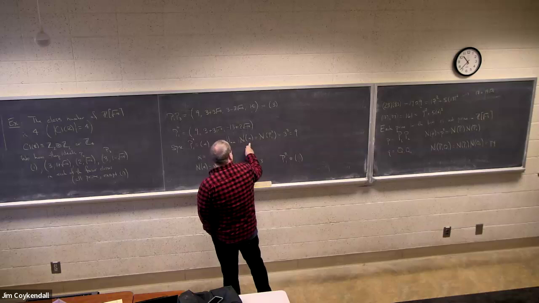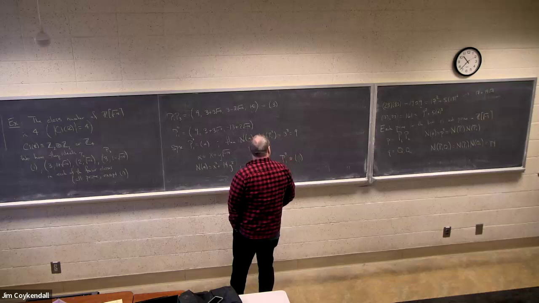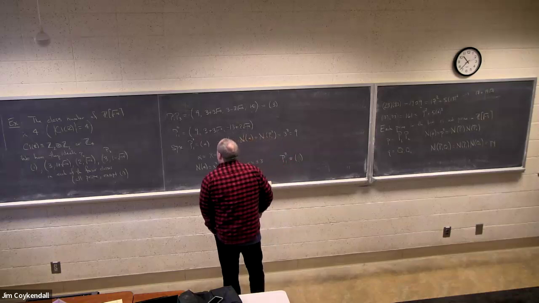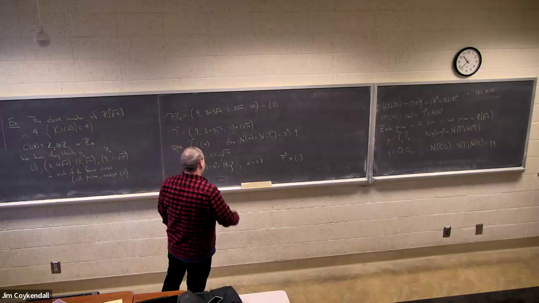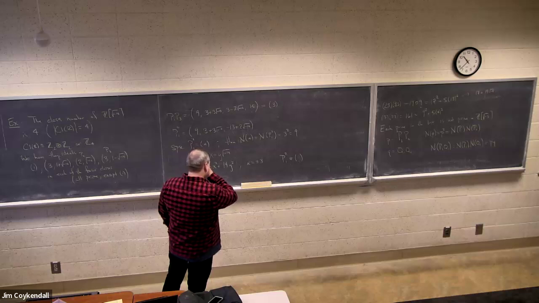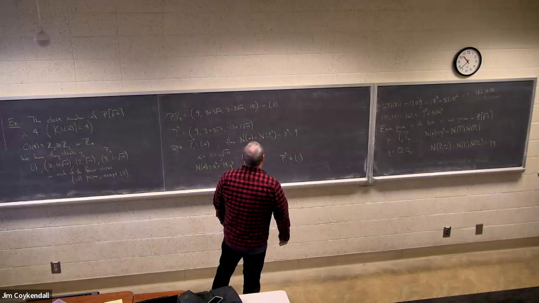Then the norm of alpha should be the norm of P1 squared.